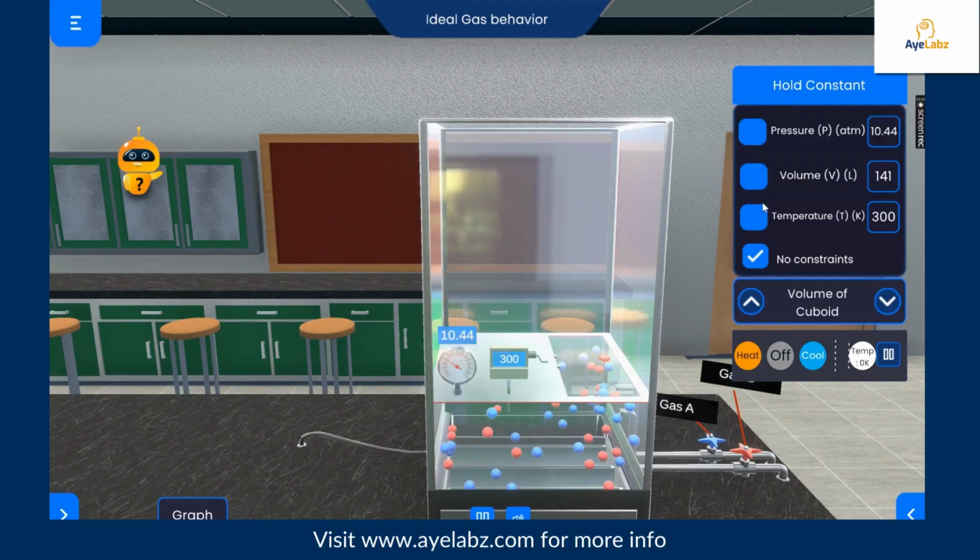By keeping these parameters constant, you can observe how the gas molecules change by altering the other parameters. Or else, you can check this no constraints option to view how other parameter changes affect the behavior of gas molecules.